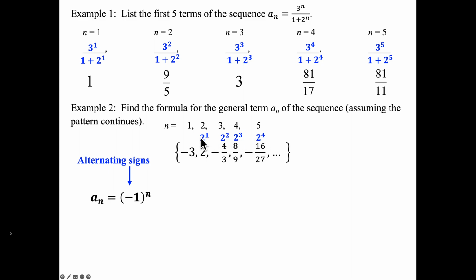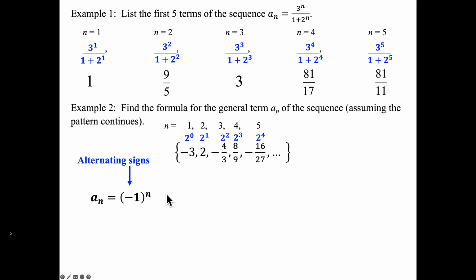Since this pattern is continuing, then back here to the left of 2 to the first, above -3, would be 2 to the 0 power. So looking at your n values and comparing them to the power, it looks like we're always subtracting 1 from the n, and that establishes our exponent.